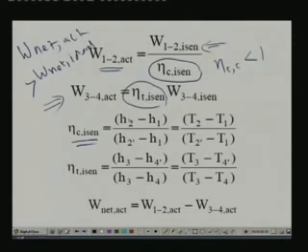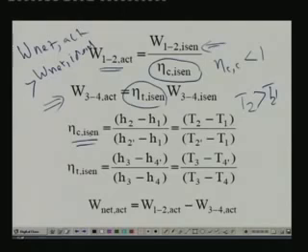Let's look at the earlier diagram. So it is defined as the enthalpy change for the actual process divided by the enthalpy change for an isentropic process. And this can be written in terms of temperatures, because we are assuming the Cp to be constant. So isentropic efficiency of the compressor is written as T2 dash minus T1 divided by T2 minus T1, and if you remember T2 was greater than T2 dash.